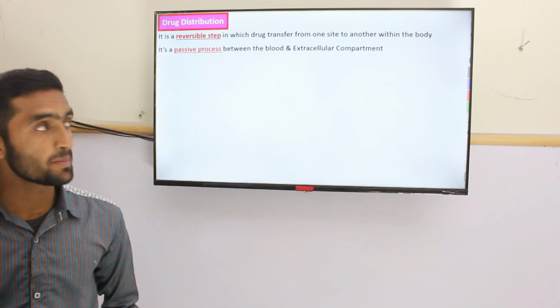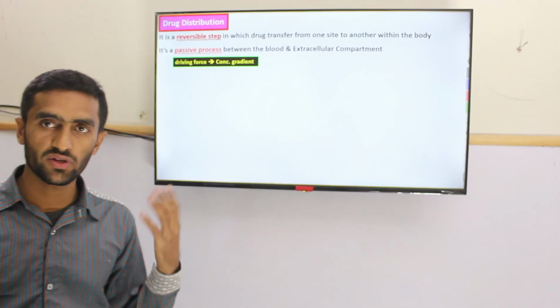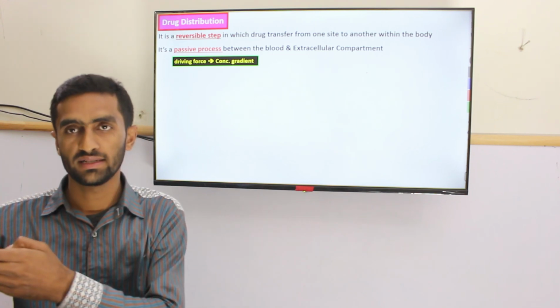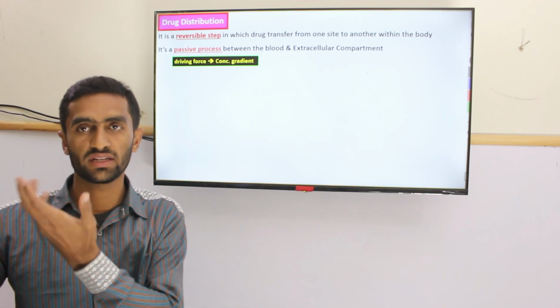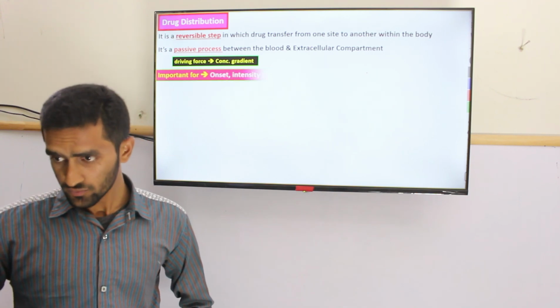This is totally a passive process, dependent upon concentration gradient. If the concentration is higher in the blood, it goes to the tissue. If it's higher in the tissue, it goes back to the blood.